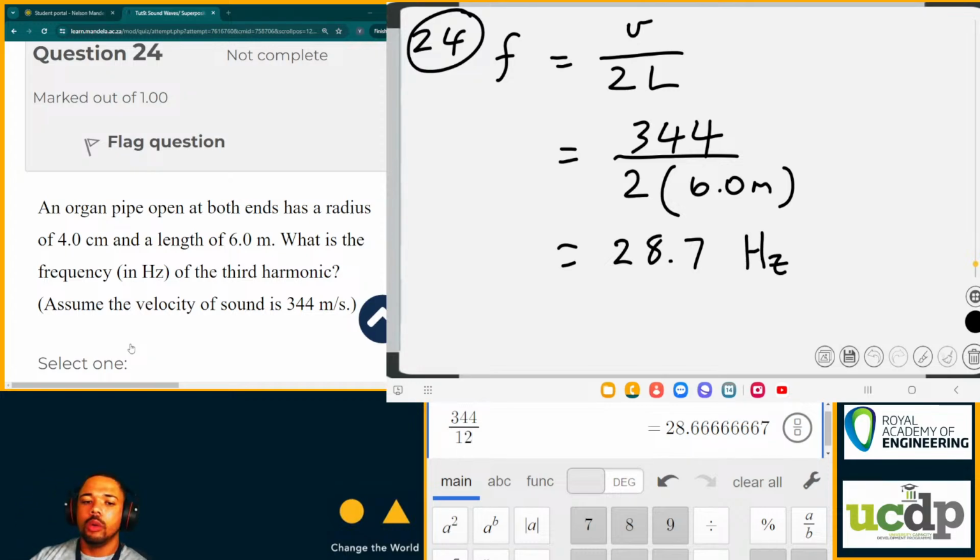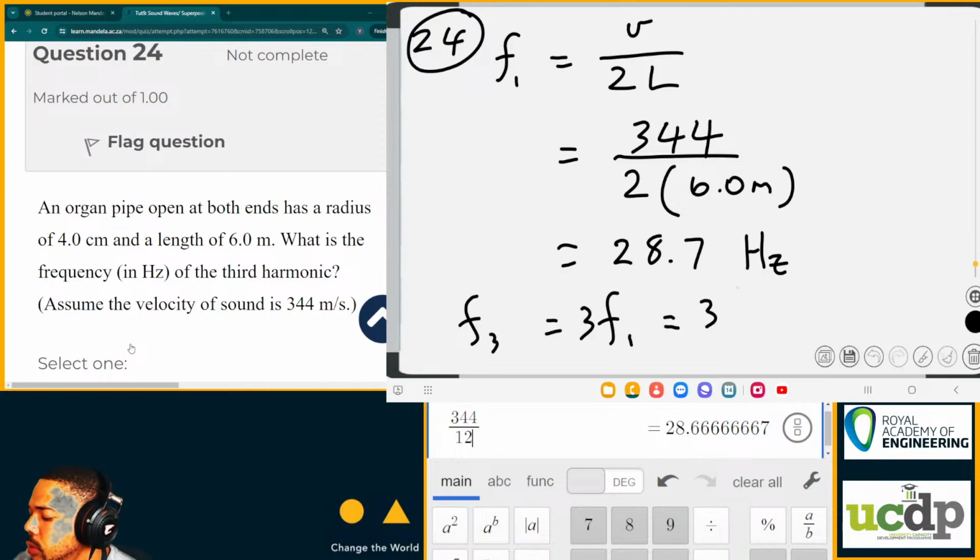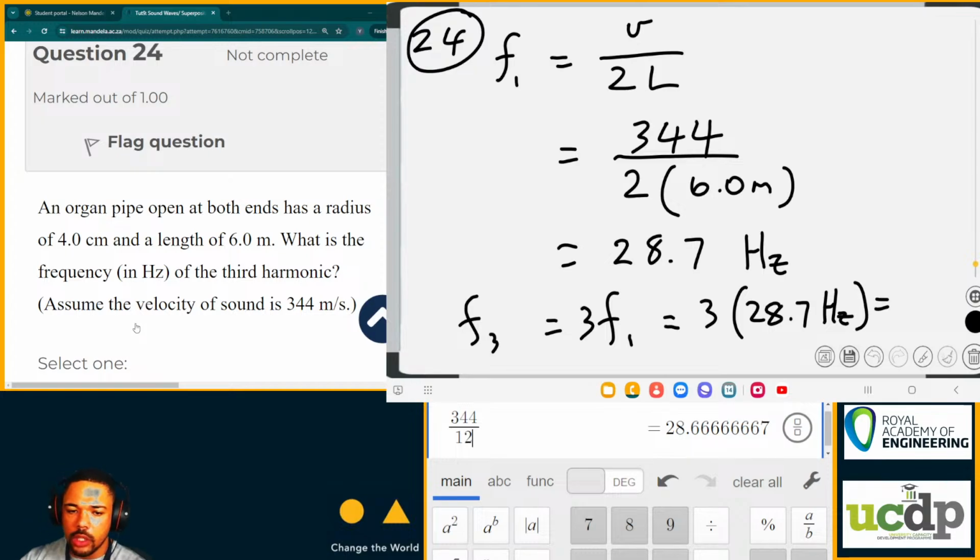Okay. Now that's f1, the fundamental frequency. Now f3 is equal to 3 times f1. That is equal to 3 times 28.7 hertz. That will be the frequency of the third harmonic. Now what is 3 times the answer that we just got?